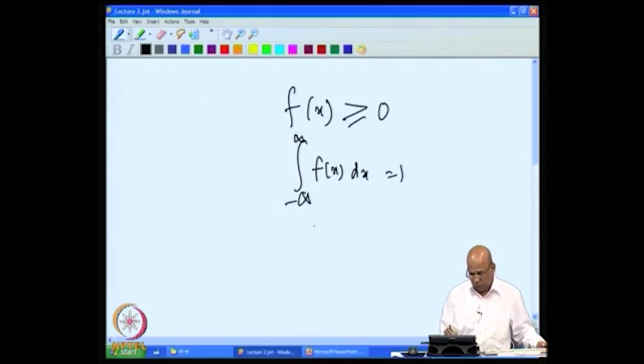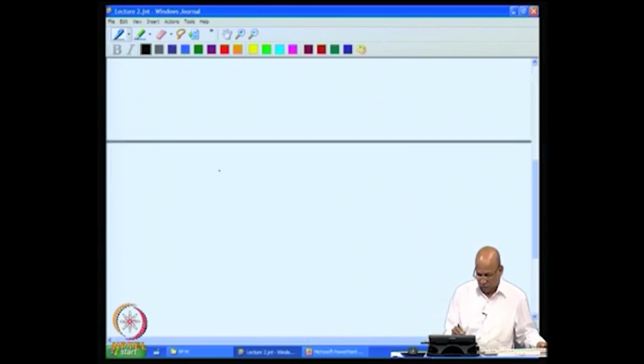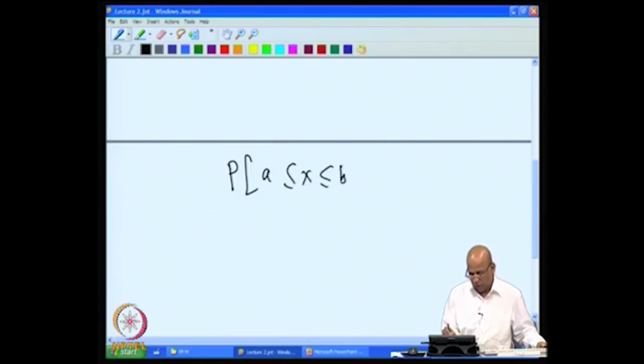And then for the continuous random variables we also said the CDF, which gives the probability of x being less than or equal to x, is given by the integral under the curve up to the value of x of the PDF.